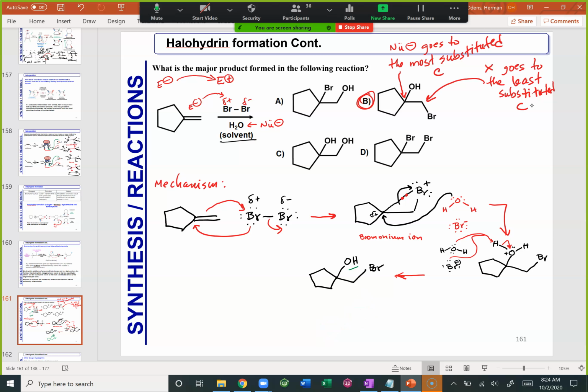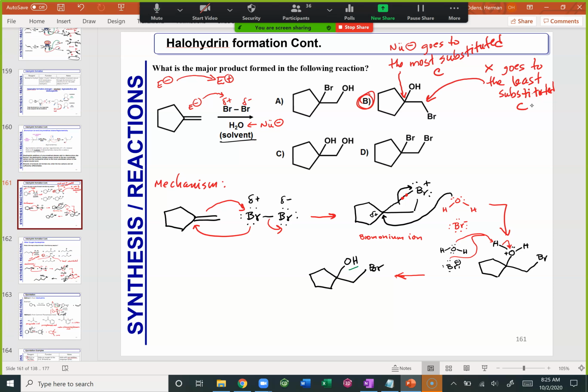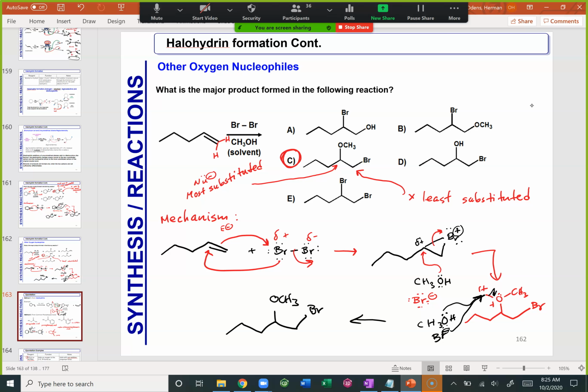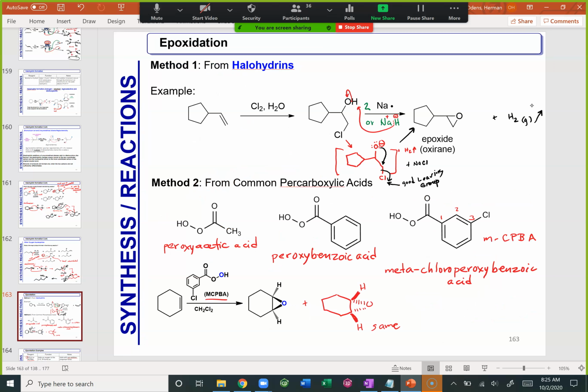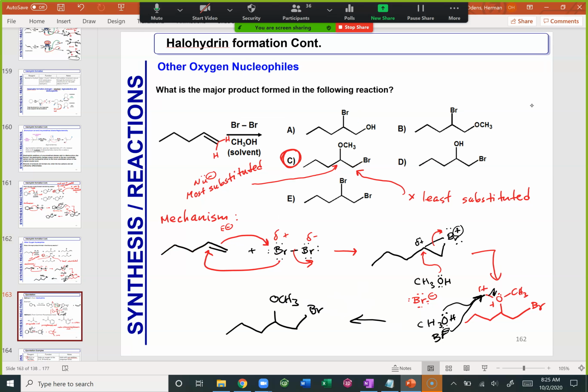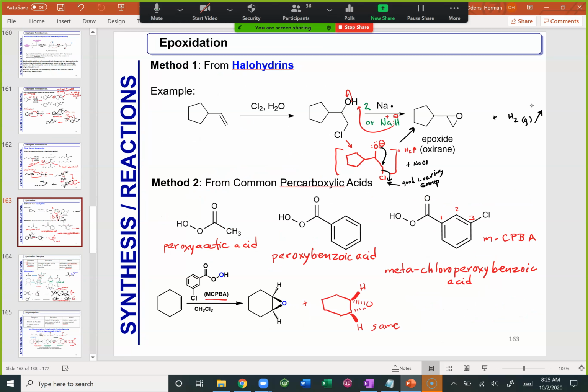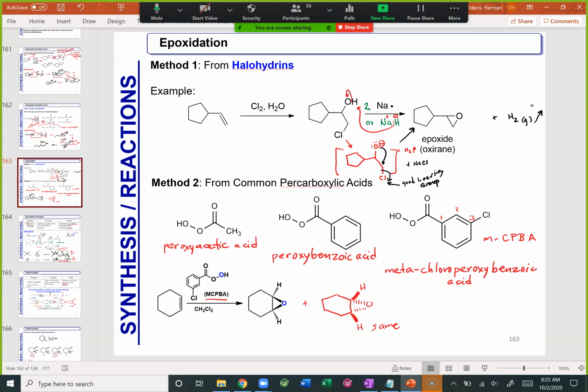Also a double slab. Here's your double slab. And we went through that. What else we have here? Yeah, these are more halohydrins. Halohydrins are also cool to make epoxides or oxiranes.